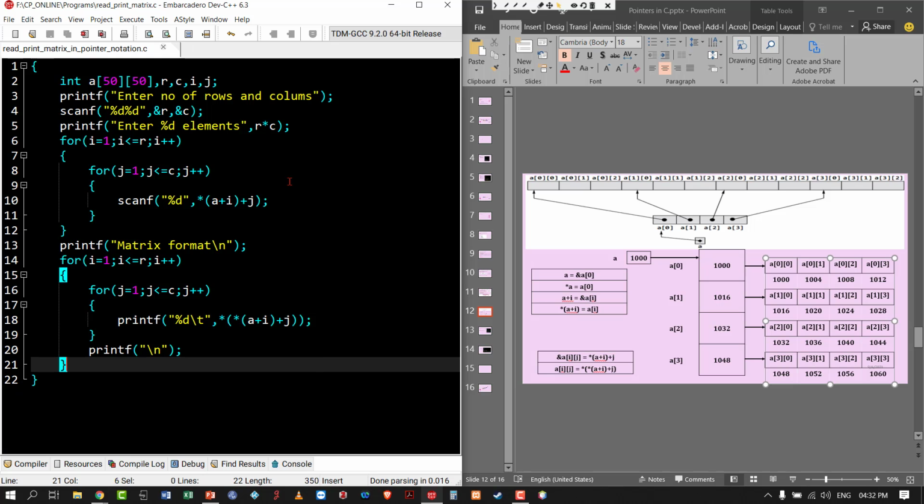So this is only to illustrate that these two things are equal. The application of this will come later, which we will study in the next class. At that time it will be clear.